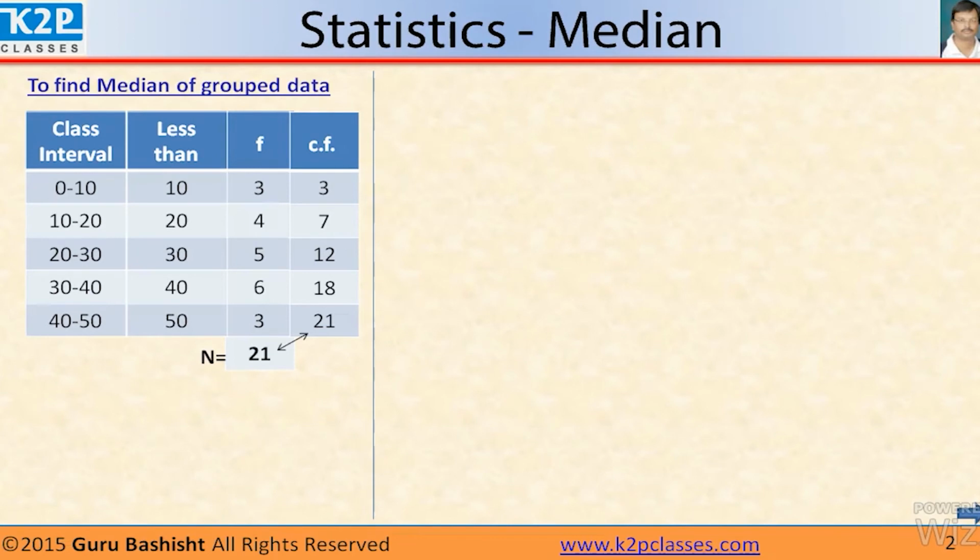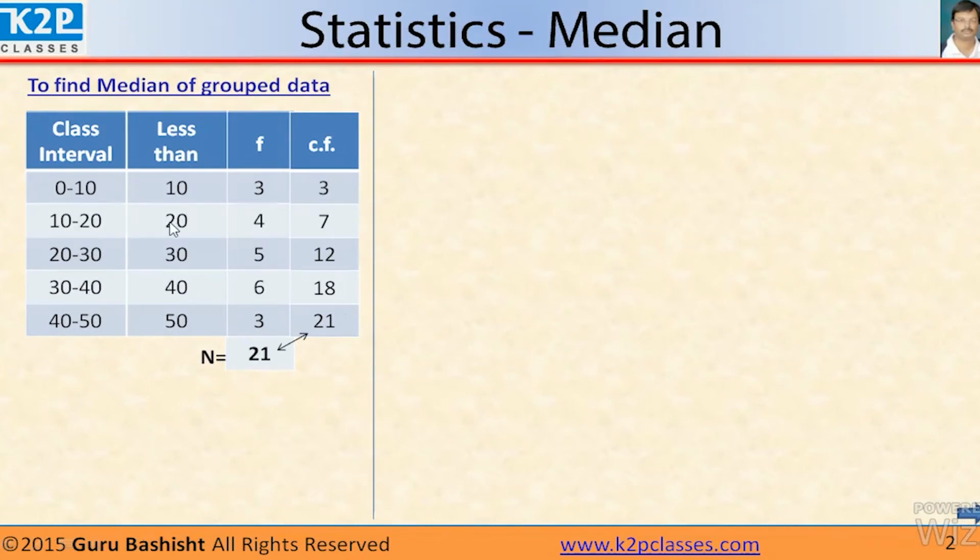What is grouped data? In the previous one there was a single value. Here it is not one value, it is 0 to 10. So 0 to 10 means less than 10. The frequency is 3. 10 to 20, that means less than 20, it will be 7. The frequency is 4. 4 observations are between 10 and 20.